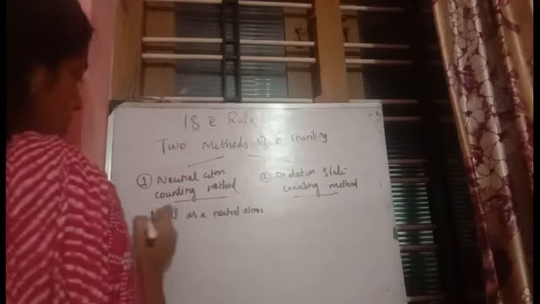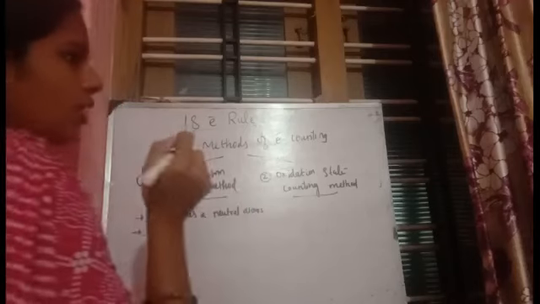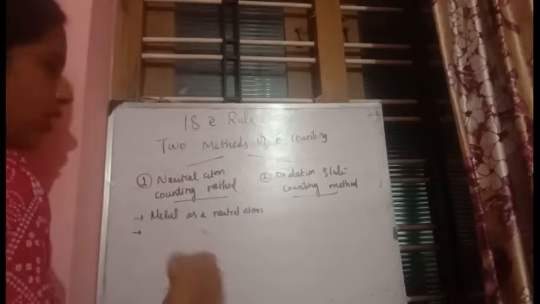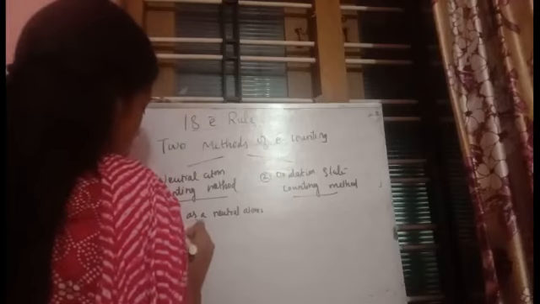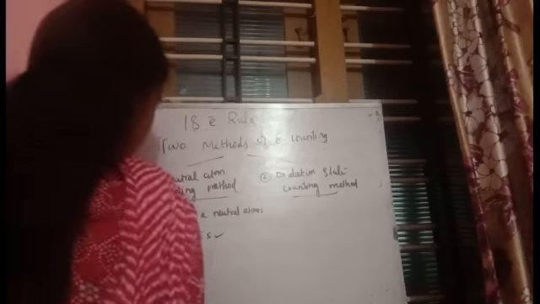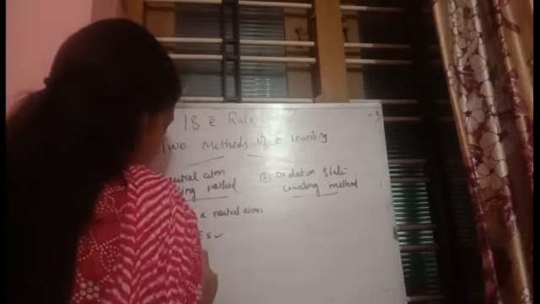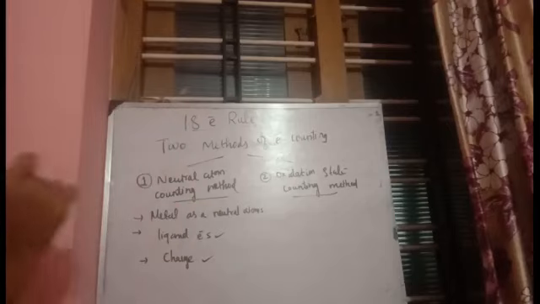Here you also have to count the number of electrons donated by the surrounding ligands to this neutral metal atom. So the ligand electrons are also counted. And then if there is any charge present on the complex, you have to count the charge also. And what is the oxidation state counting method?